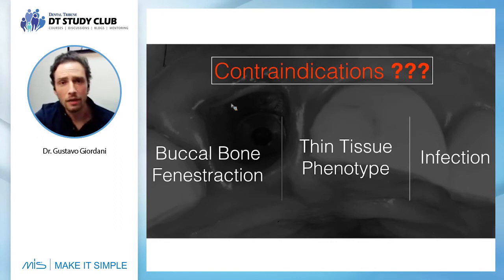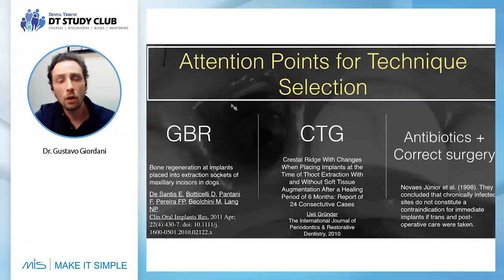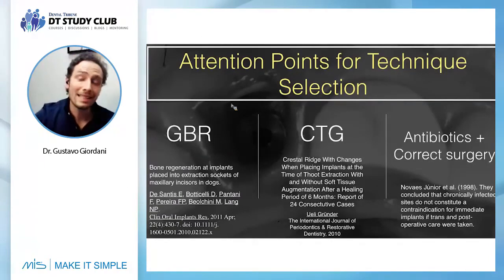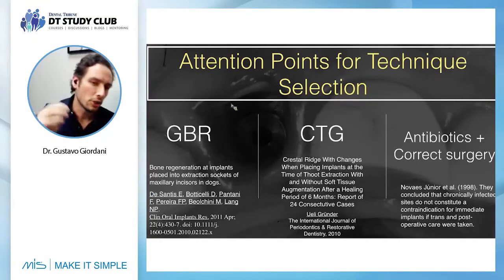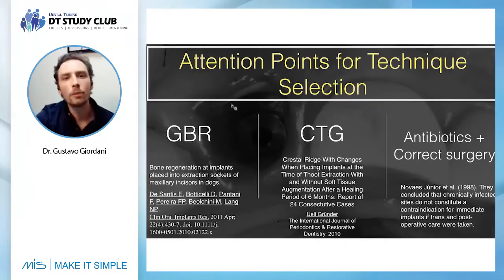But also, if I go through the literature, I'm going to see that those are not contraindications, but attention points for the technique selection. I mean, with a GBR, with a biomaterial, and maybe the use of membranes, I can treat the problem of a buccal bone fenestration and solve the problem in the long term.